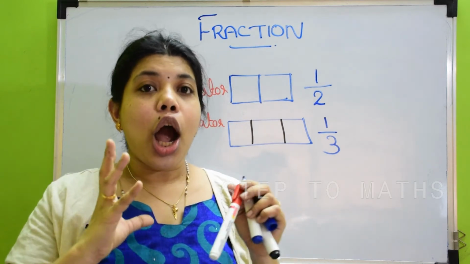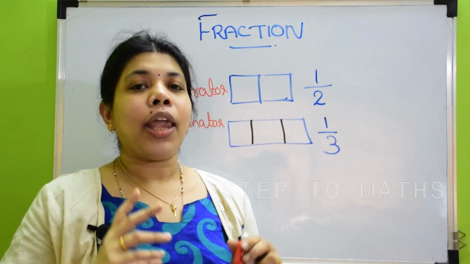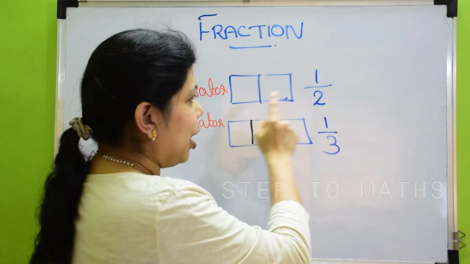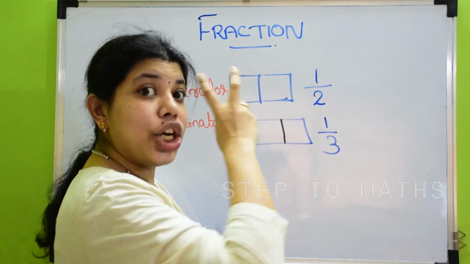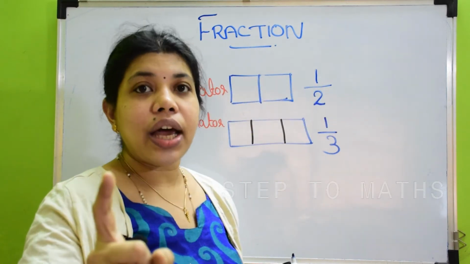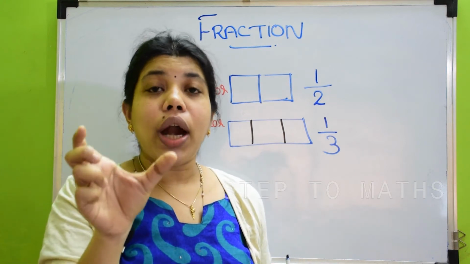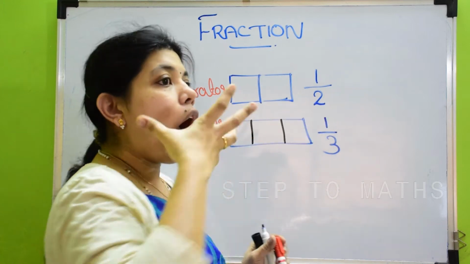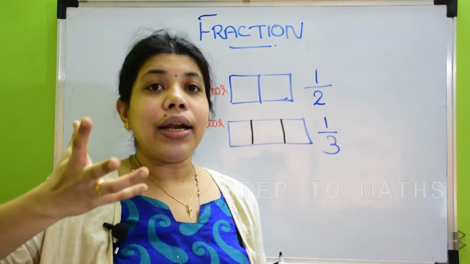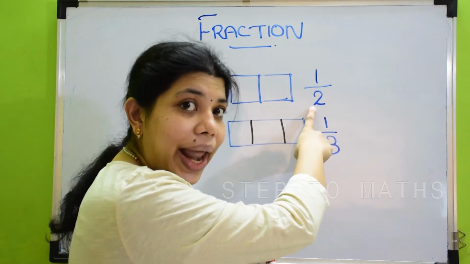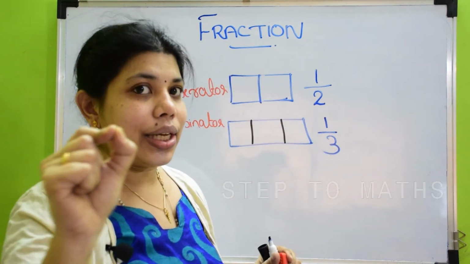Total how many parts are available. Here the one chocolate is cut into two pieces. That means here a total of two pieces are available, or the whole chocolate we cut into two pieces. That represents the number below the line, that is the denominator.